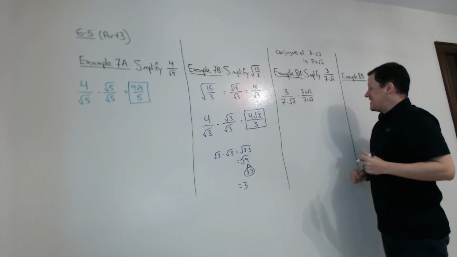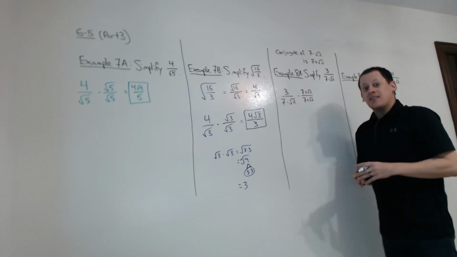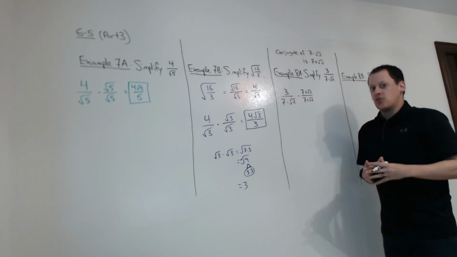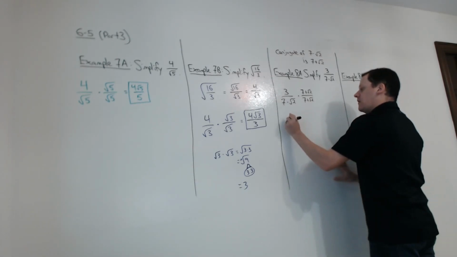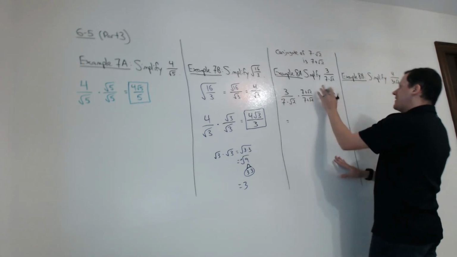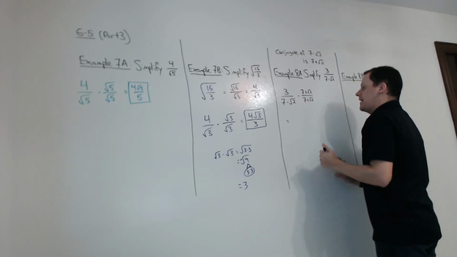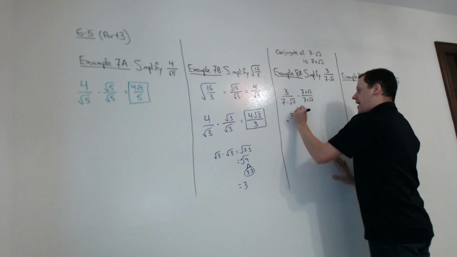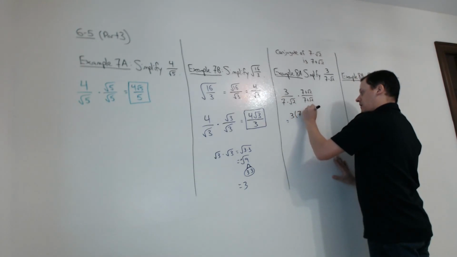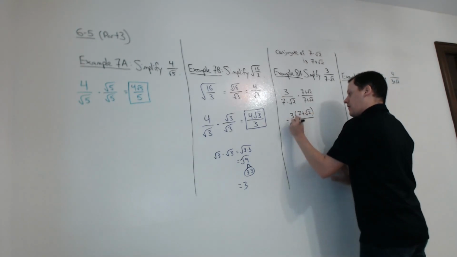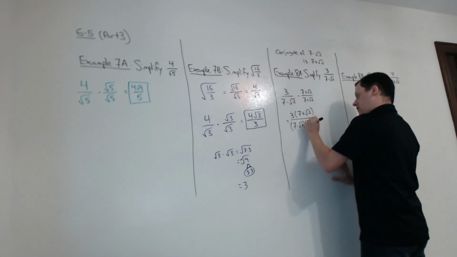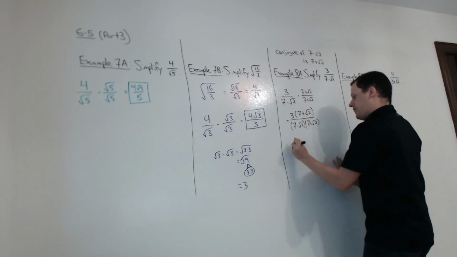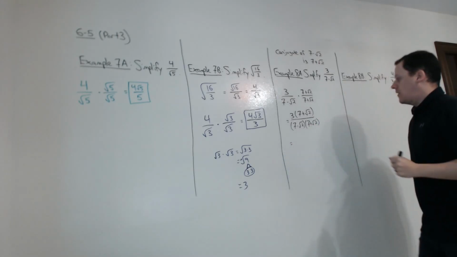I know that doesn't seem like it will get rid of all the roots on the bottom, but something magical will happen here. So let's give it a shot. I'm going to go ahead and write the equal sign down here. I've not got enough room to the side here. So I'm just going to write what I have. Okay.